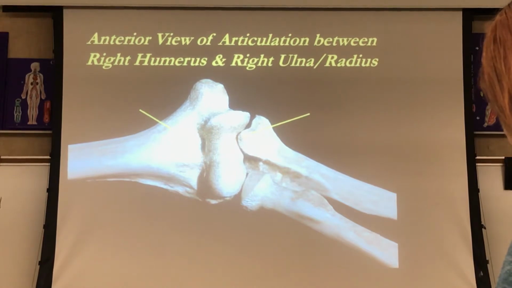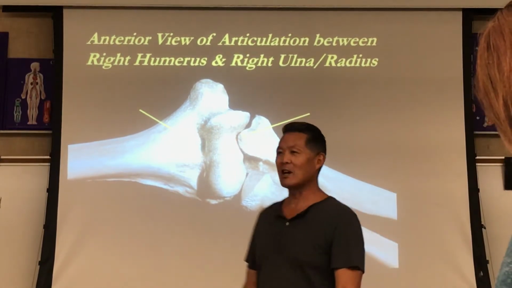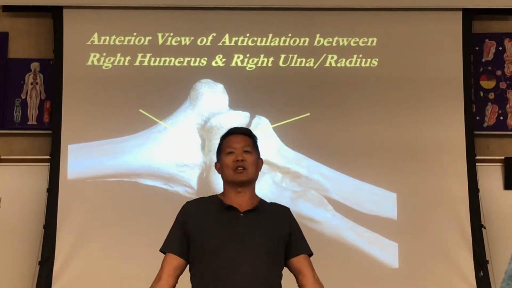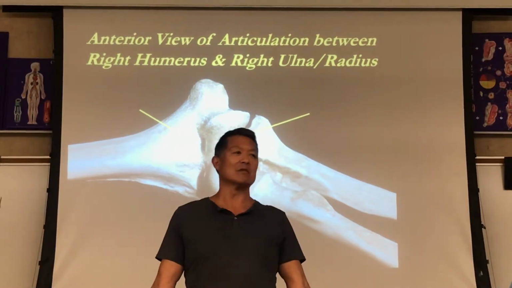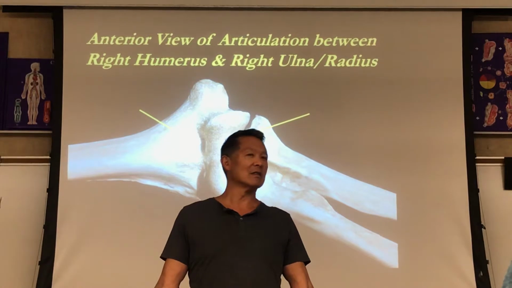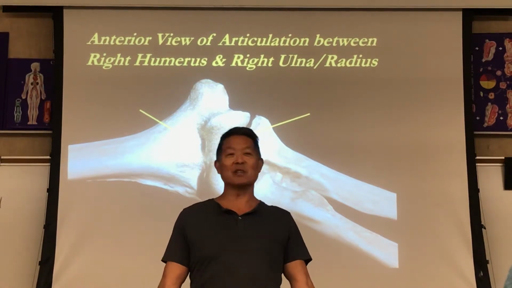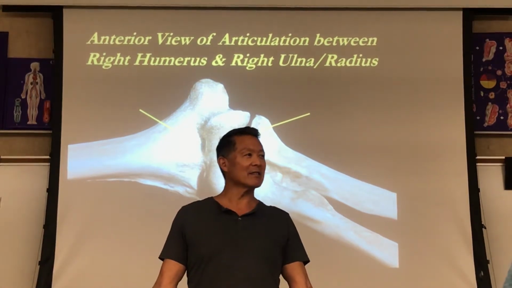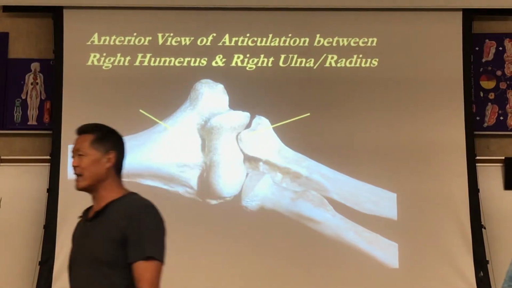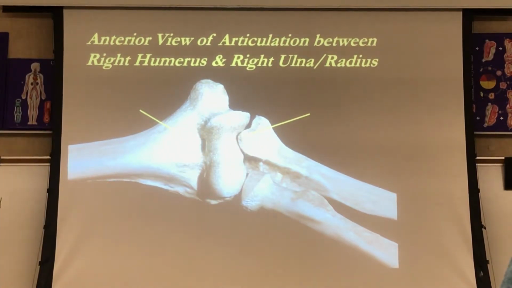Just keep that in mind. It's the simplest way to remember it. Radius goes to the thumb in anatomical position, which is the lateral forearm bone. Radius, because it's going to the thumb. Everybody got it? In anatomic position, radius is lateral, so that's what you should say. Radius goes to the thumb, so it's lateral.